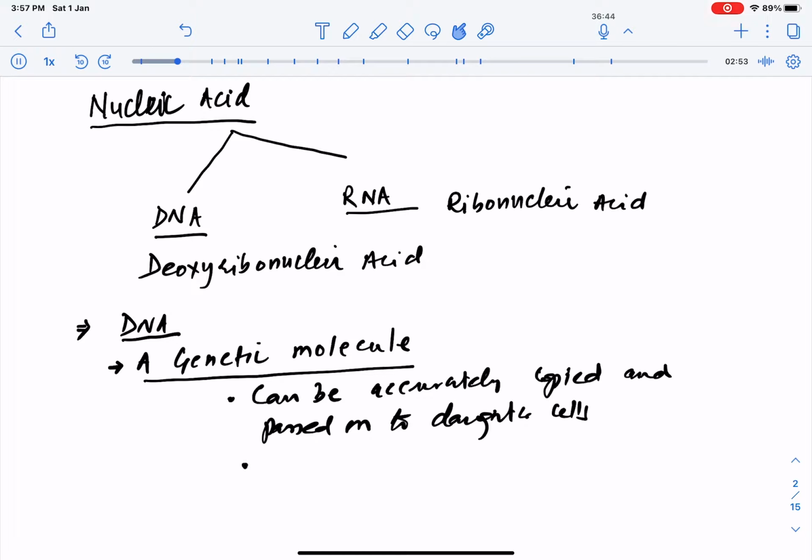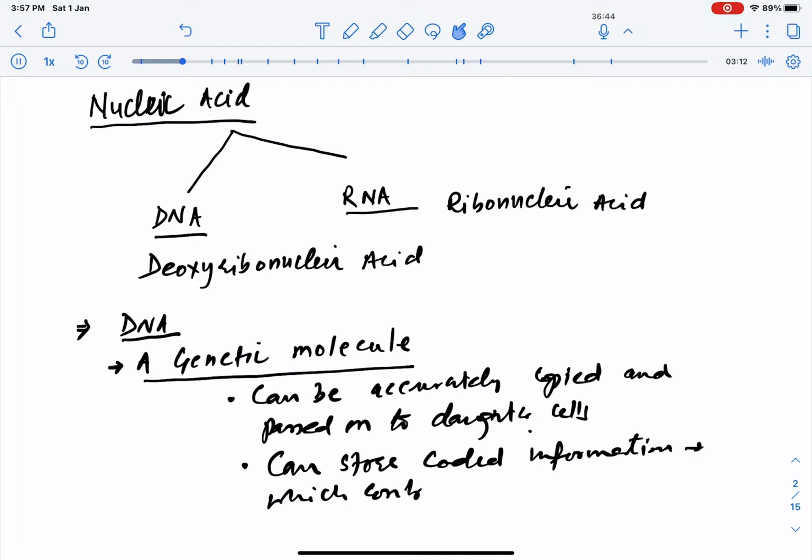It also can store coded information which controls the characters of a cell, or which controls the synthesis of proteins, which control the characteristics of cells. So that is why it is a genetic molecule.